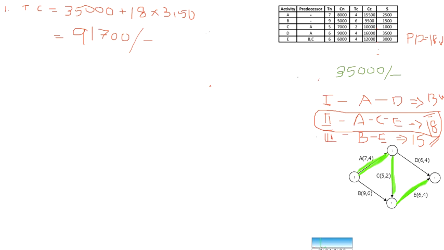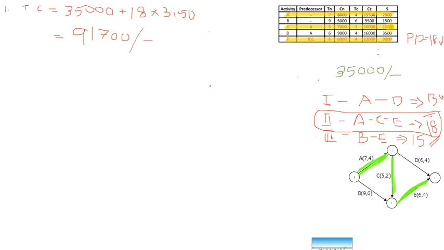So now in this table, our critical activities are A, C and E. Is it not? Okay, so out of these three, you have to select the activity for crashing which has the least crash slope.